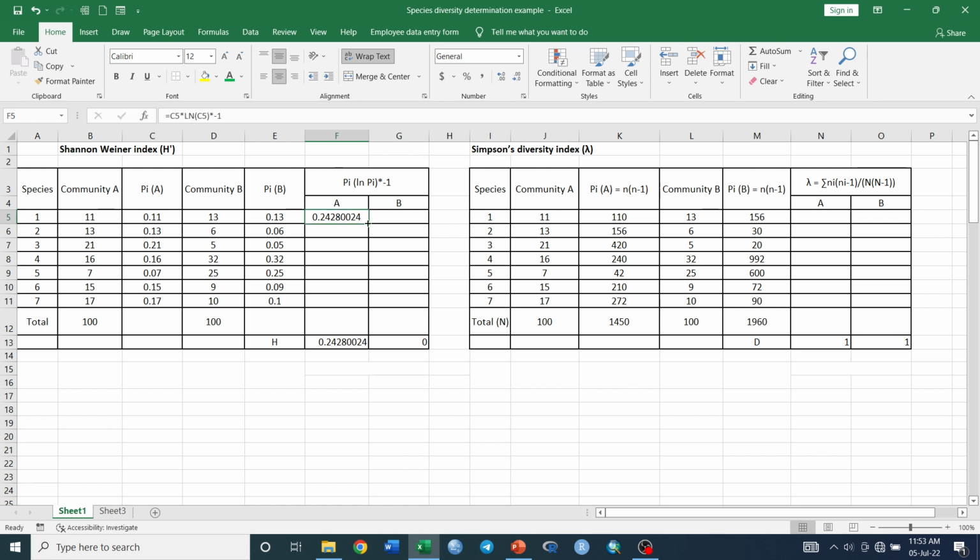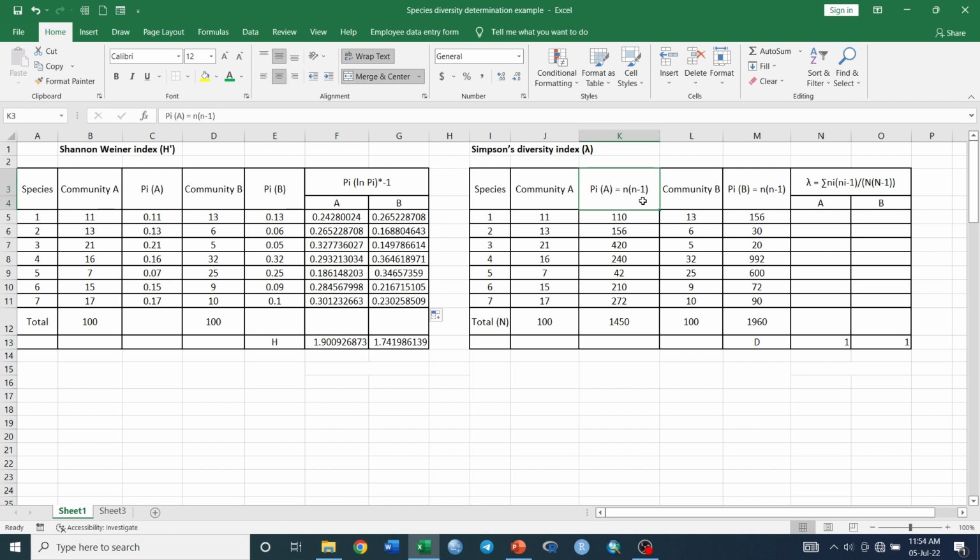We can drag this formula down for other species and apply the same for community B. The proportion times ln of this proportion times -1, hit enter and drag the formula down. From this we can observe that the index value for community A is higher than for community B, so community A is more diverse and stable than community B.